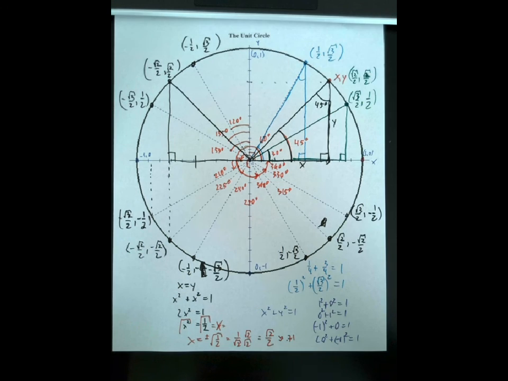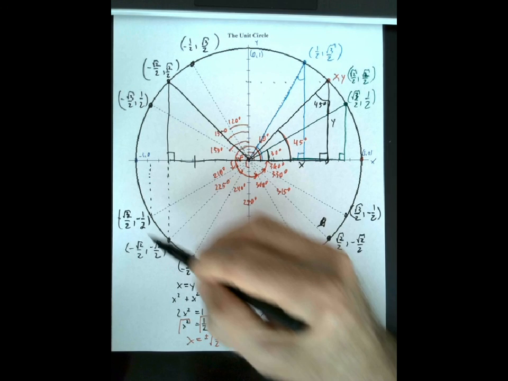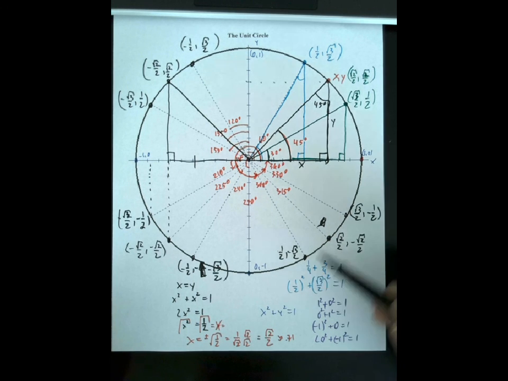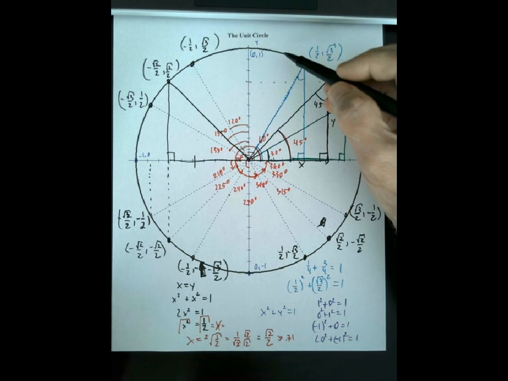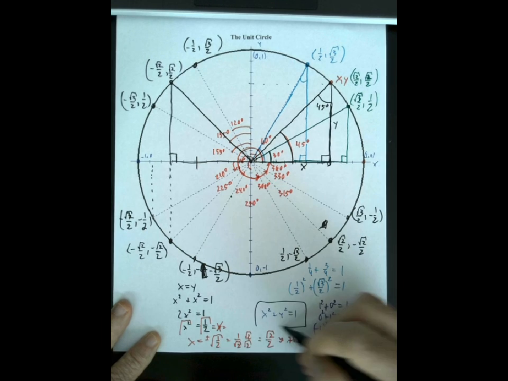Now, this is very important. Any point on the circle, not just the ones we've calculated specifically here, but any point on the circle has an x and a y that will make that equation true.